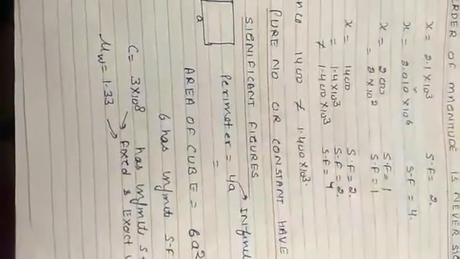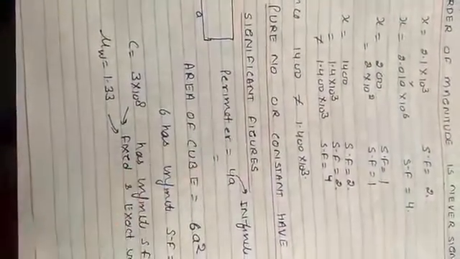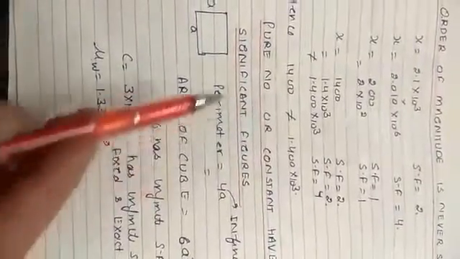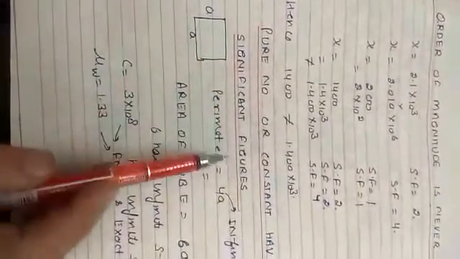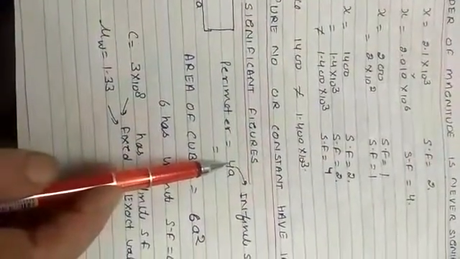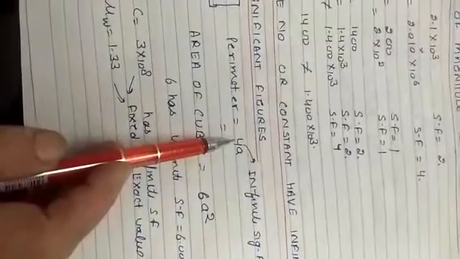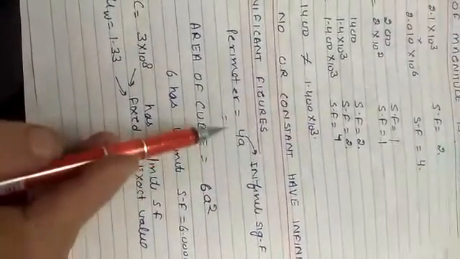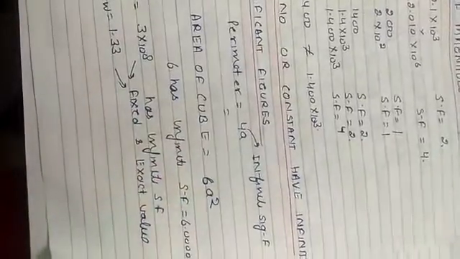If there is a pure number, then it has infinite significant figures. For example, the perimeter of a square is equal to 4a. This 4 is the number of sides. That is a constant quantity. So in that case, this 4 may be written as 4.0000, whatever it is.